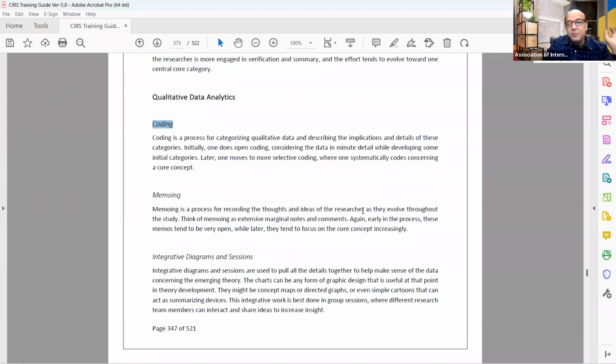Memoing, on the other hand, is freehand writing or something that you keep in your diary. These are more to do with observations, and clearly they keep changing.